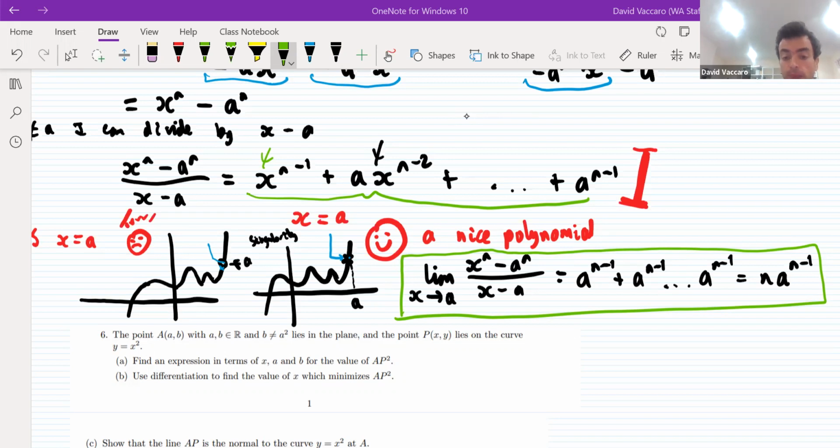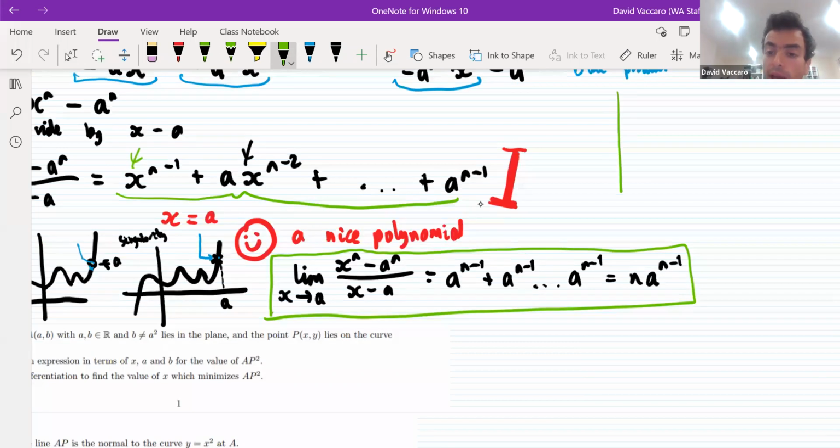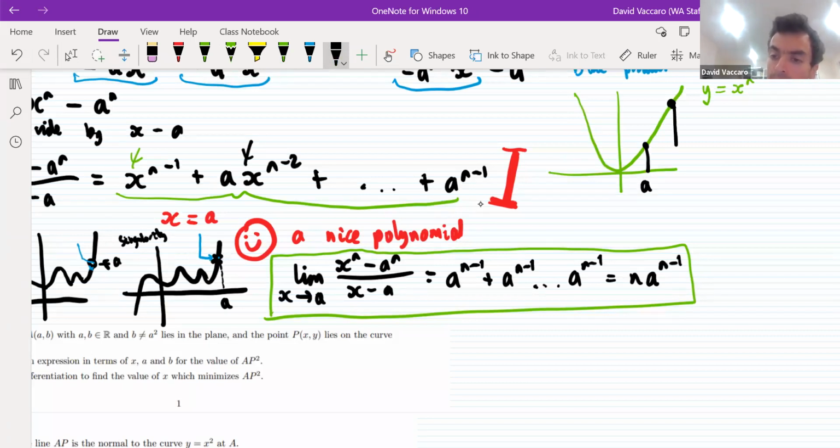Yeah, exactly. It's the proof of the power rule. It's the differentiation by first principles. Because if I go back to my graph of y equals x to the n, if I pick a point A, and then I pick another point x, this rise between the two points is the difference between x to the n and a to the n.